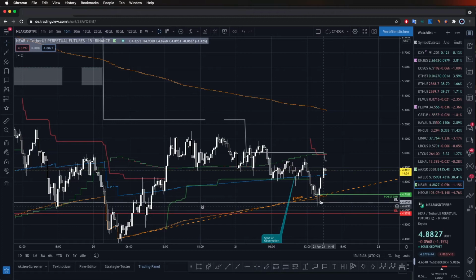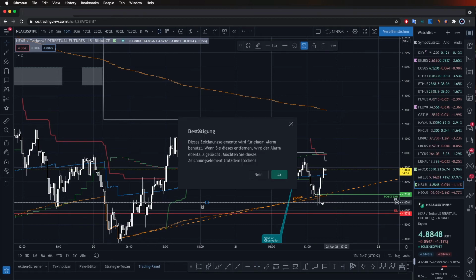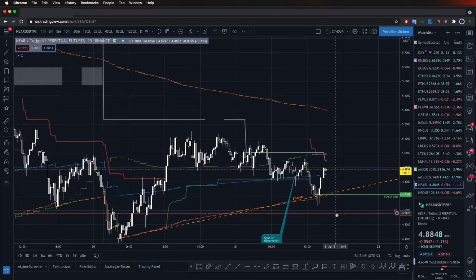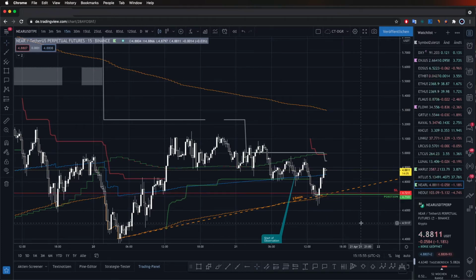I would have been stopped out if I would have chosen this one. So with this one, my position is still in, and I can now for sure delete this line and put my stop loss just slightly above here to not be in any danger anymore.